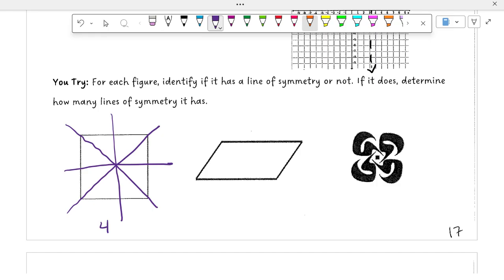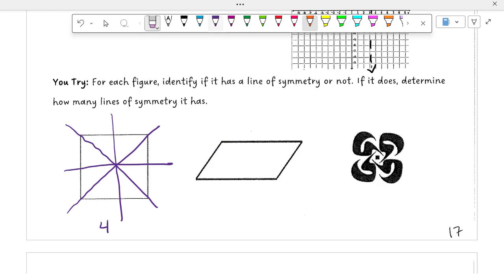The next is a parallelogram. First off, do you think it has a line of symmetry? It actually doesn't. Because anywhere I draw it, for example, if I drew it here, if I flipped it over that line, this angle is bigger than this angle. So it wouldn't match up perfectly.